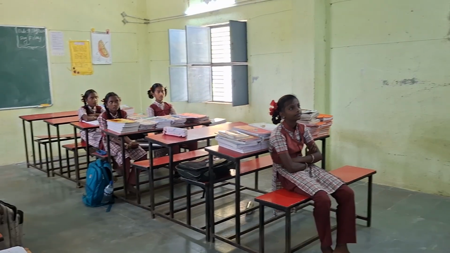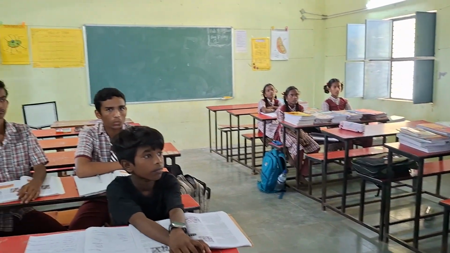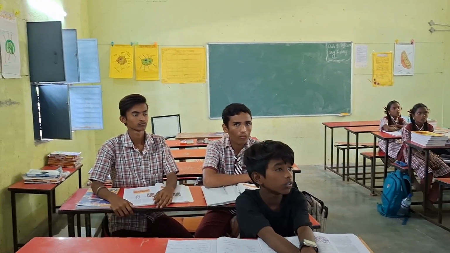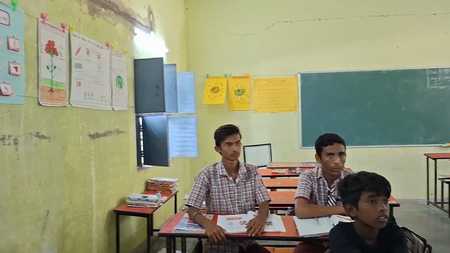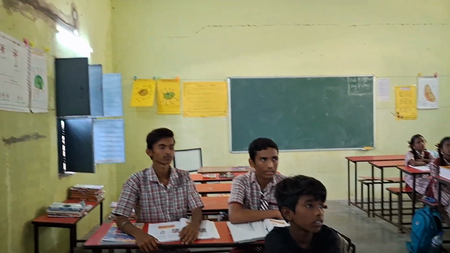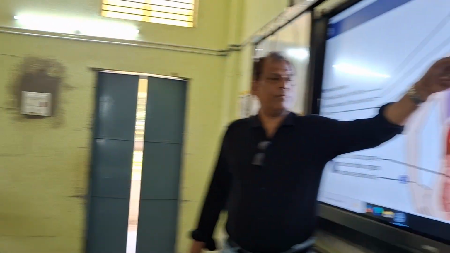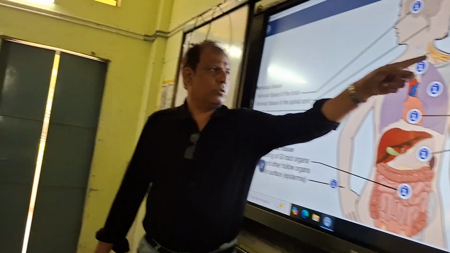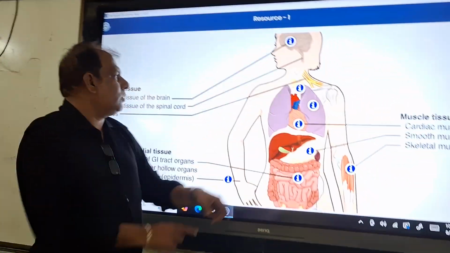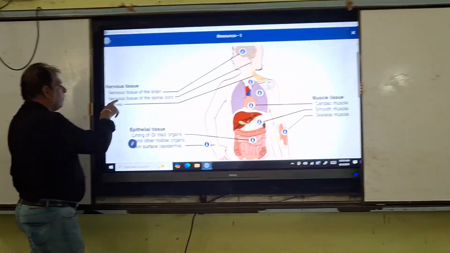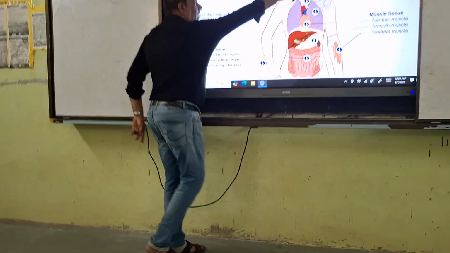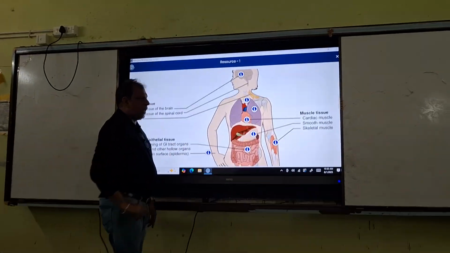This is the spinal cord, in which you observe the nervous tissues, and these are the various nerves. These are the nervous tissue of the spinal cord, and these are the various nerves.